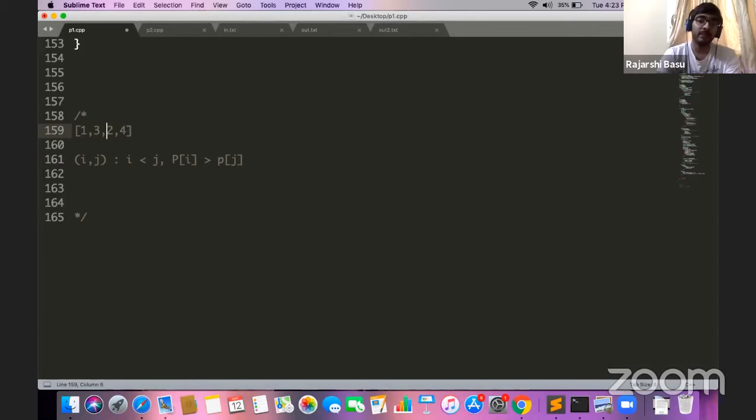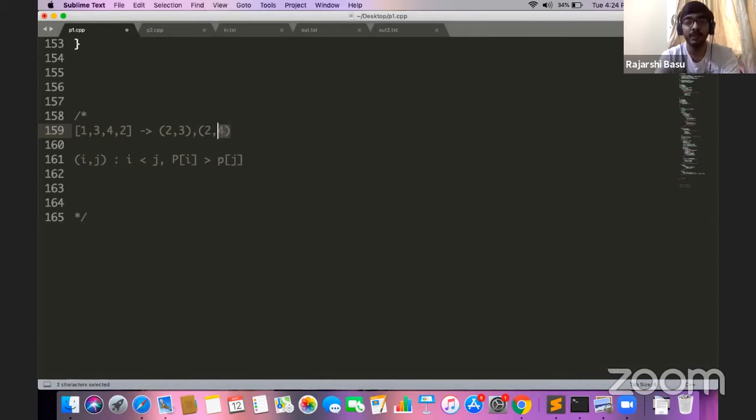So let's say if our example was 4 and 2, something like this. So the number of inversions here, how many inversion pairs are there? 1 and 3 is fine, 1 and 4 is fine, 1 and 2 is fine, 2 and 3 is an inversion pair, right? So 2 comma 3 is an inversion pair. 2 comma 4 is an inversion pair. 3 comma 4 is not an inversion pair, so it's fine.